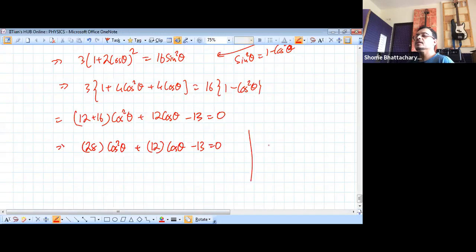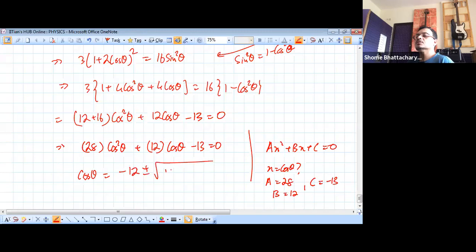So this is like a quadratic equation, ax square plus bx plus c is equal to 0, where x is cos theta. A is 28, b is 12, and c is minus 13. So cos theta will be minus b plus minus root of b square minus 4ac, divided by 2a. Next we have to solve this.